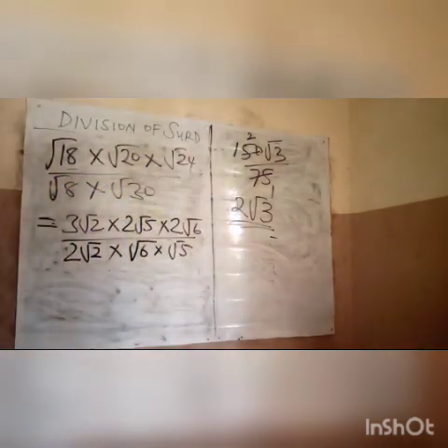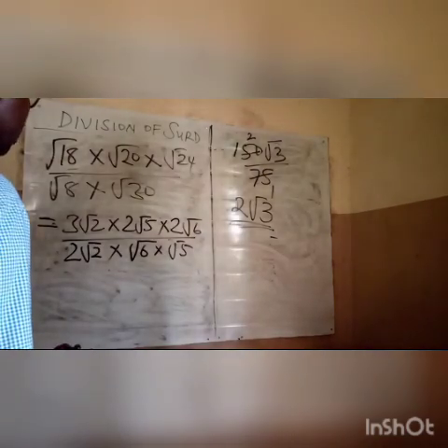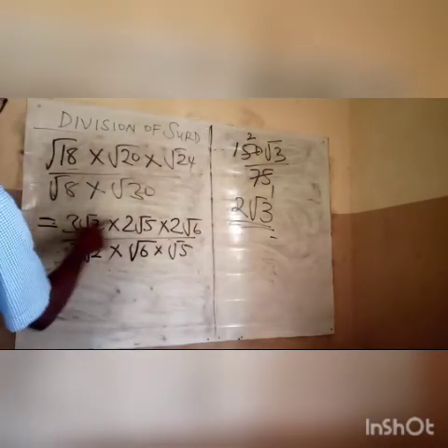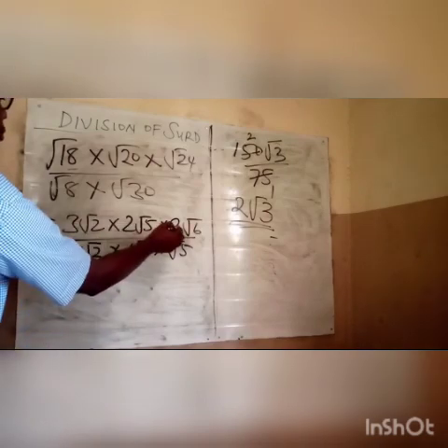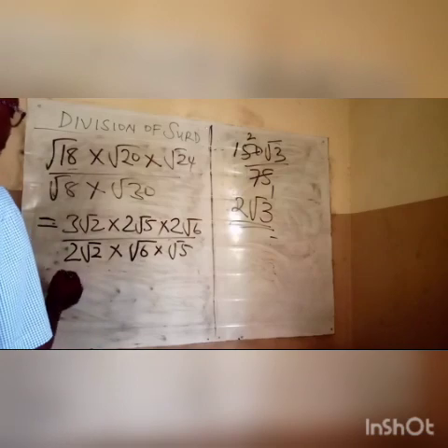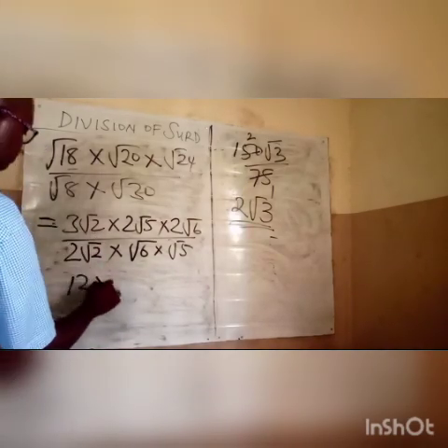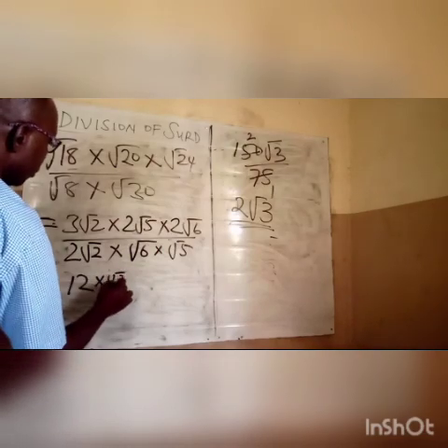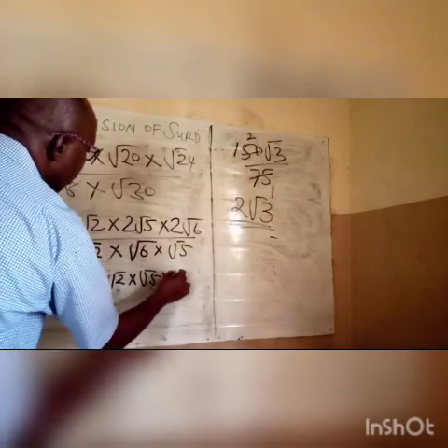We can actually multiply out. By the time we multiply out, what we'll be having is 3 times 2 times 2 is 12, then root 2 times root 5 times root 6.